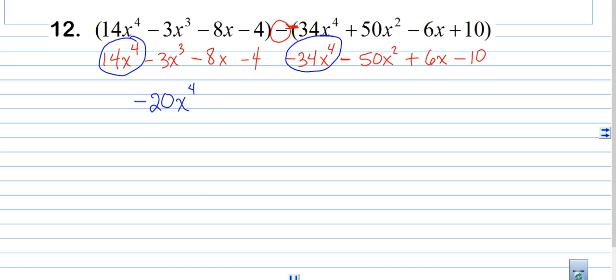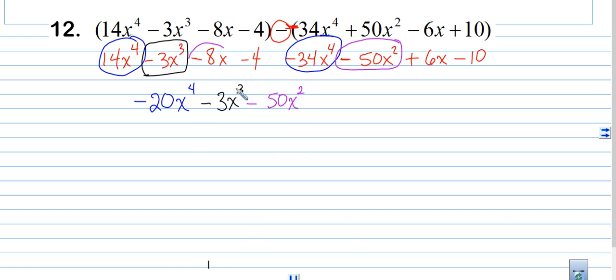Okay? So then we look, we have the third power. Nothing else has a third on it, so you'll just bring it down. Then we have a 2 here, but nothing else has an x squared on it, so that'll just come down.